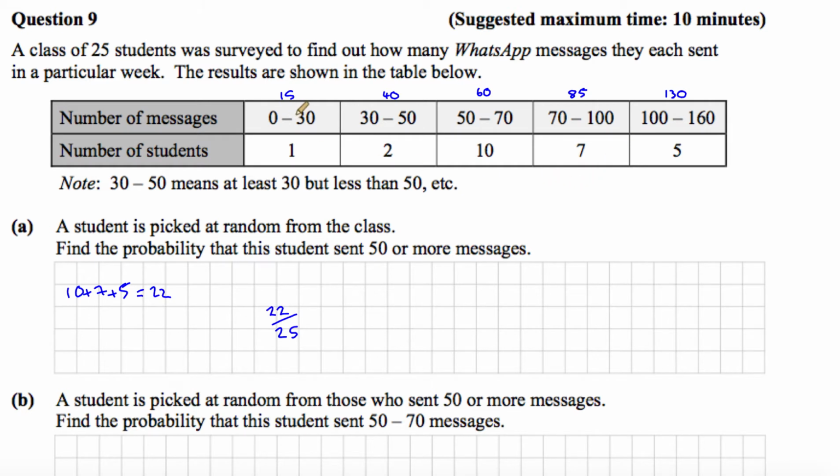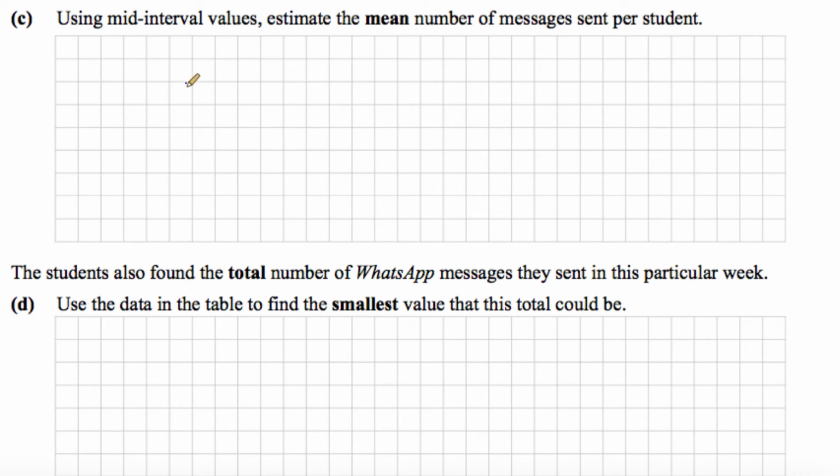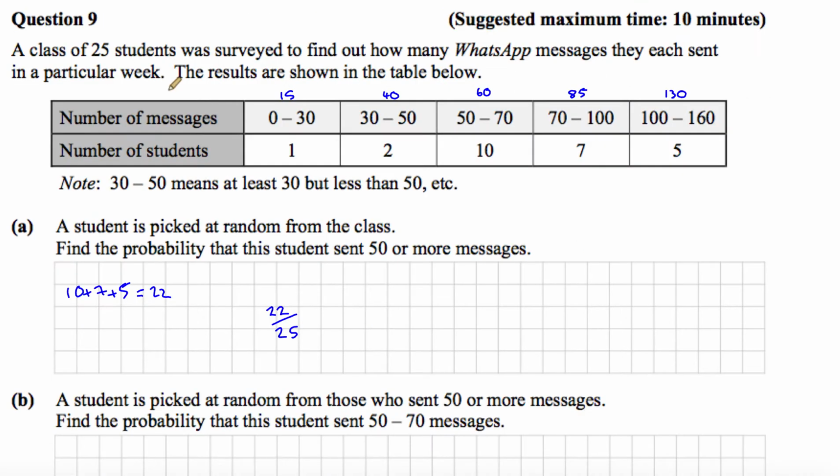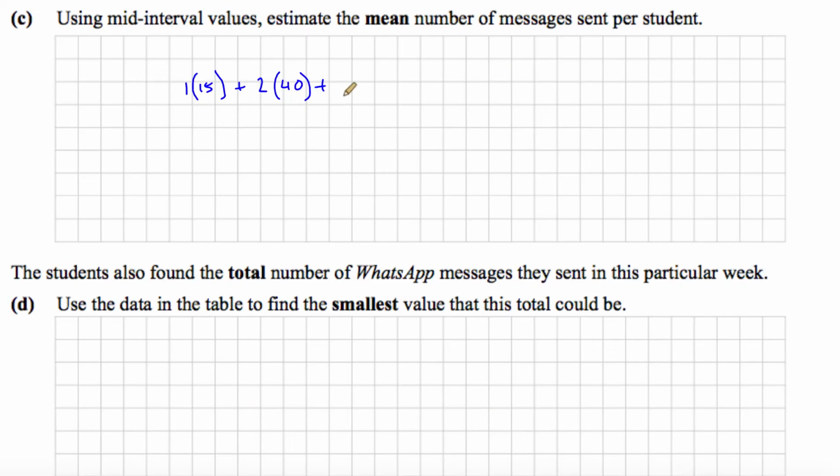So what we're going to do then is multiply the number of students in each group by this mid-interval. So 15 by 1, 40 by 2, 60 by 10, and so on. So it's the 1 times 15 plus 2 times 40 plus 10 by 60 and 7 by 85.